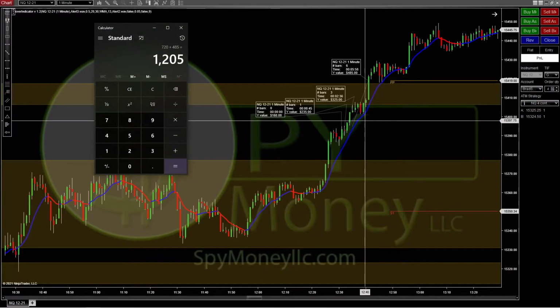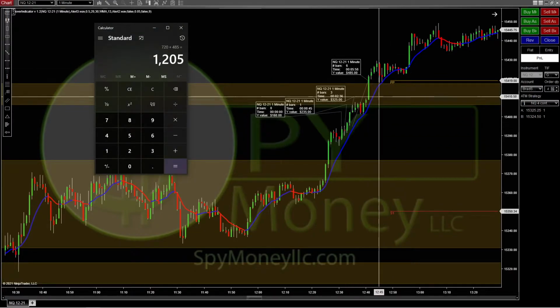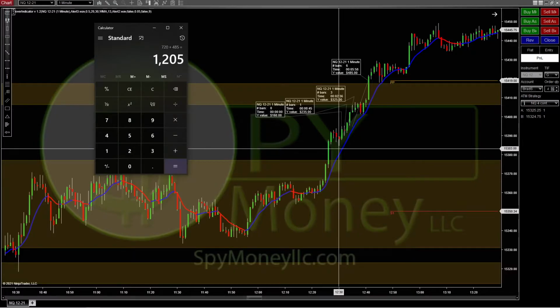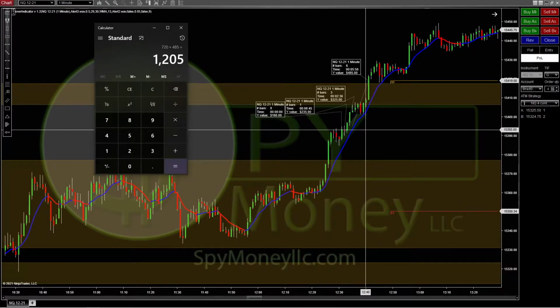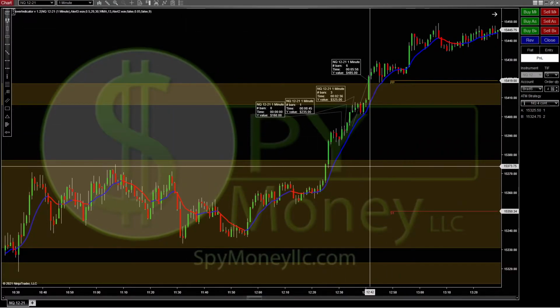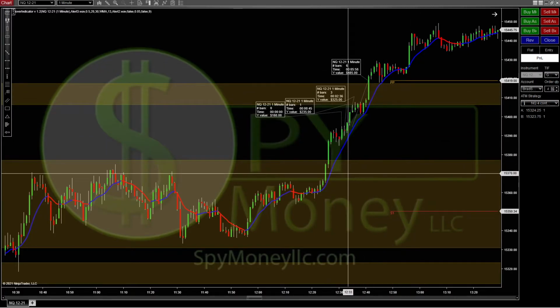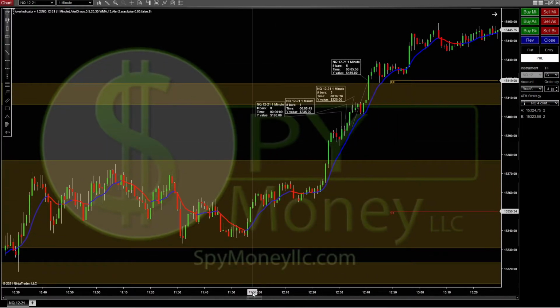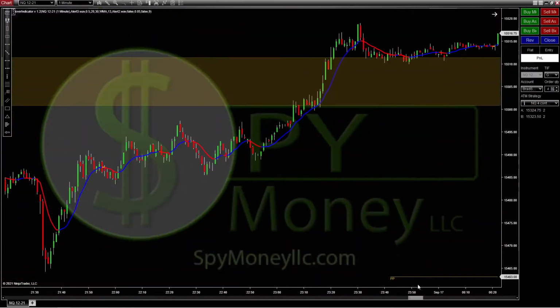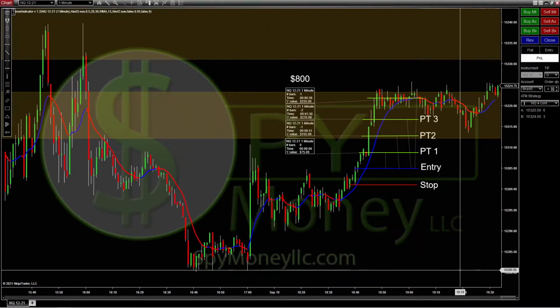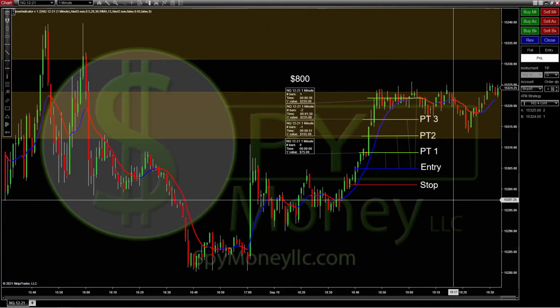So that one would have been $1,205 for this trade. That's what you would have made if you had got in there based on the two-step. So as you can tell, it's different places that your entries will be. It's very simple to follow. It works on shorts. It works on longs.